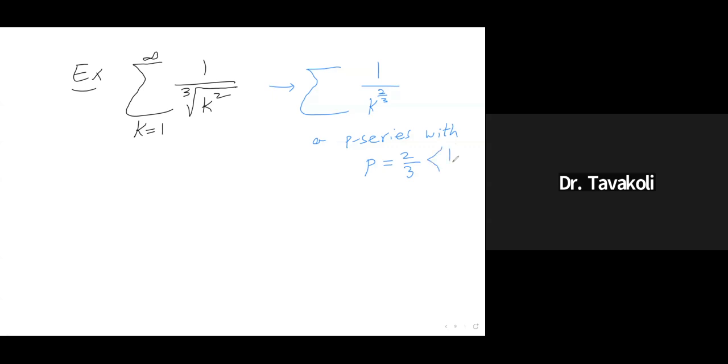It is less than 1. Therefore, I can conclude that the sigma of 1 over cube root of k squared is divergent based on the p-series test.